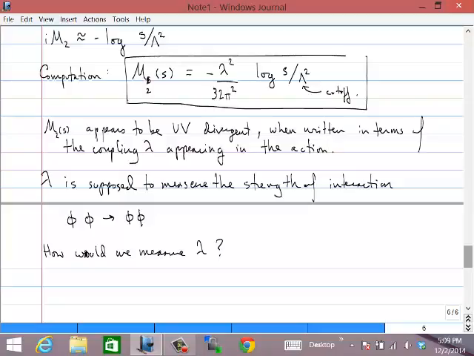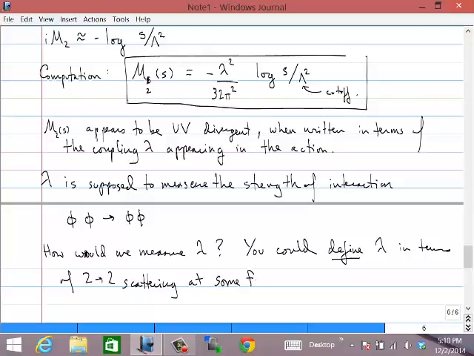Indeed, the only thing one could do from a practical point of view is to define lambda in terms of 2-to-2 scattering at your favorite energy scale, so at some fiducial value of the energy. Let's call it S0.